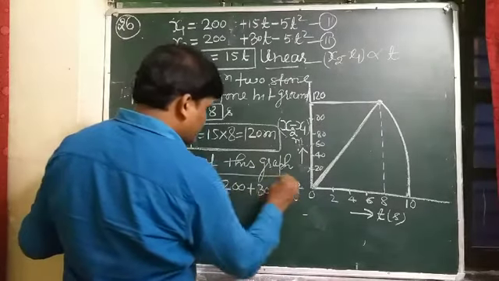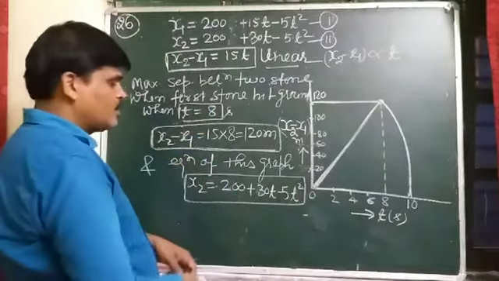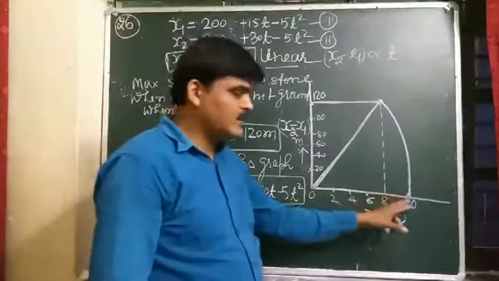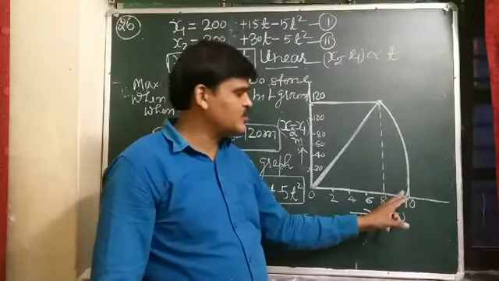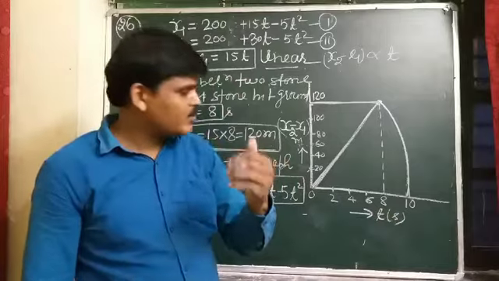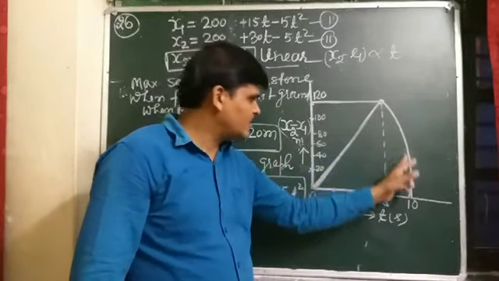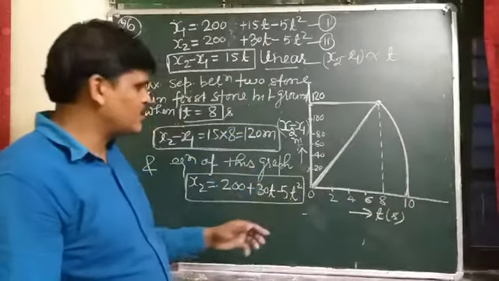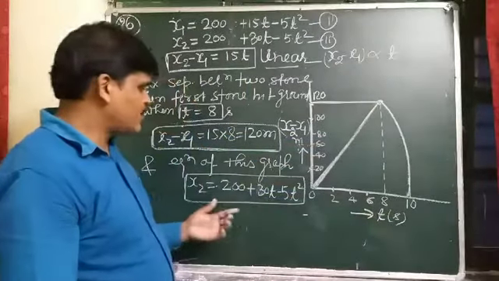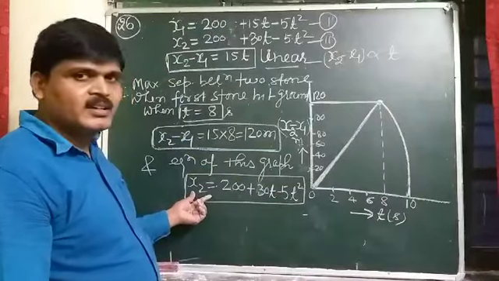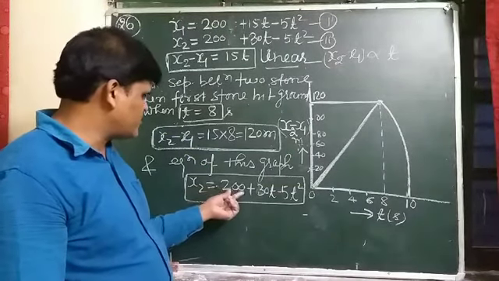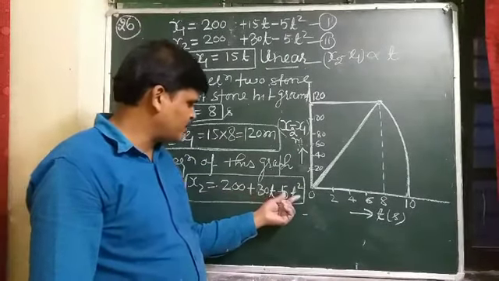So second stone hits the ground 2 seconds after the first stone, and they follow the path of a parabola with equation x2 equal to 200 plus 30t minus 5t square.